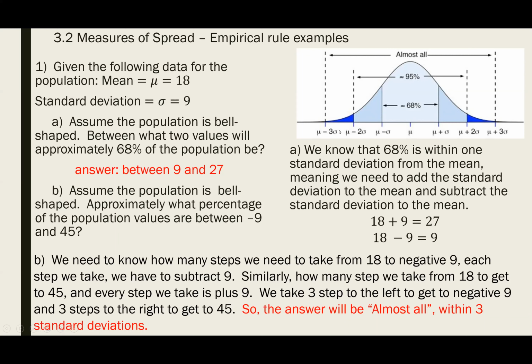Because I took 3 steps to the left and 3 steps to the right, it covers almost all of my data. For now we use the words almost all because it's within 3 standard deviations. Within 3 standard deviations means you take 3 steps, but each step you take, you add or subtract the actual unit of 9.